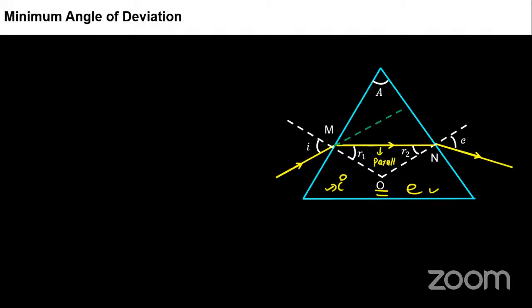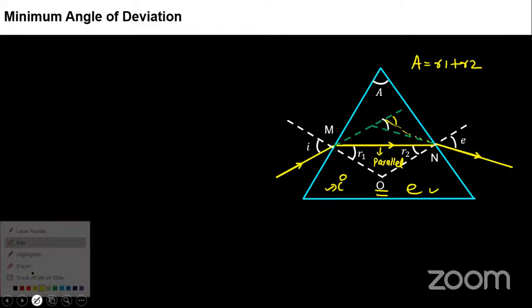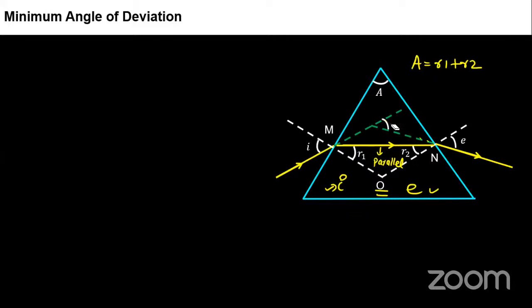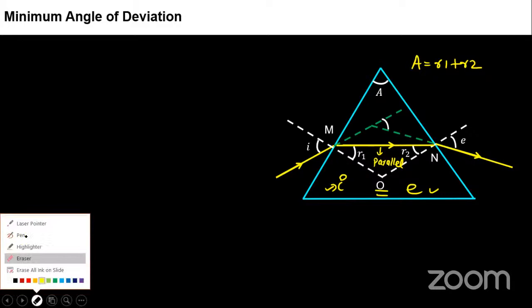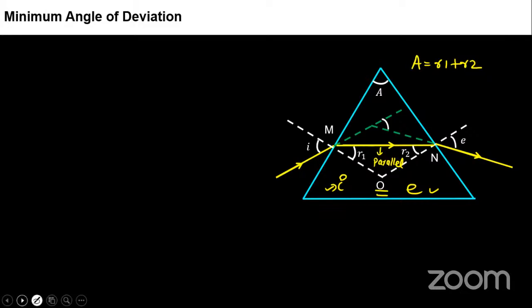And inside, the picture will be this, that this ray will be parallel to the base. And if I apply the theorem, I'll get A equals R1 plus R2. And remember this thing, if I extend it back, this will be the angle of deviation, which will be basically minimum. I'll extend it a little bit. This will be angle of deviation here, that is delta.